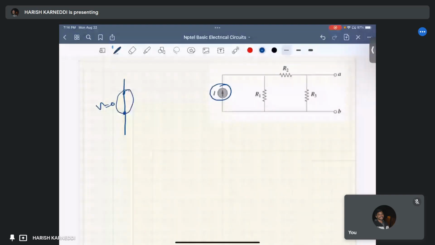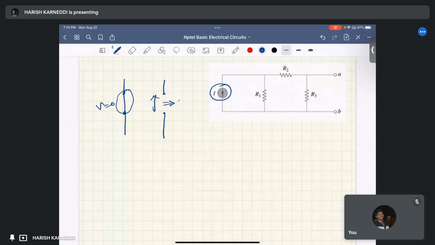If you make it an open circuit, the current through it is equal to 0. So to make this ideal current source 0, we have to open circuit here. Our new circuit will look like this.